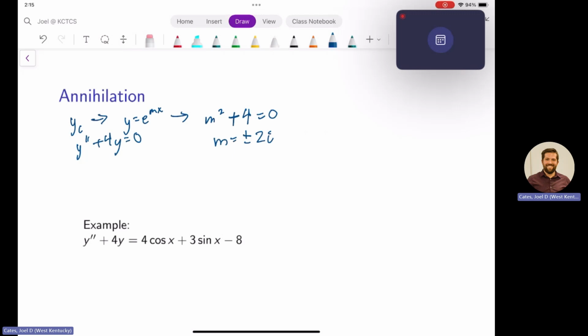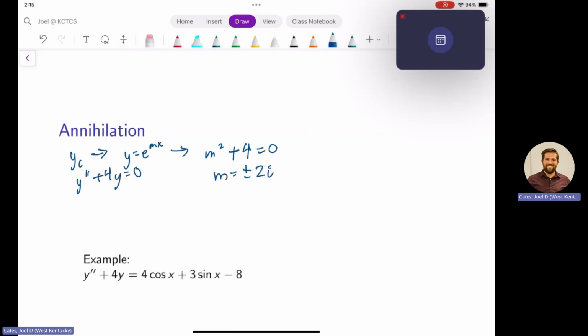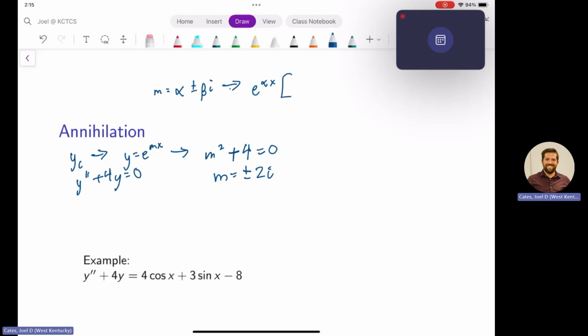Now you'll notice that that is a 0 for alpha and 2 for beta in the formula that we had previously with auxiliary equations. If you had the complex roots, we said that if I have alpha plus or minus beta i, that translates into e to the alpha x times c sub 1 cosine of beta x plus c sub 2 sine of beta x.